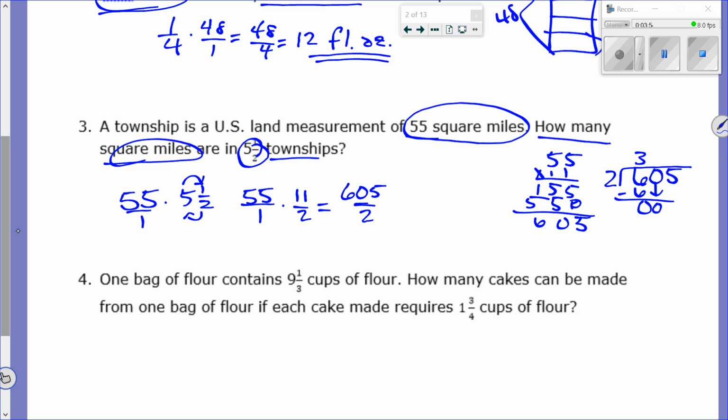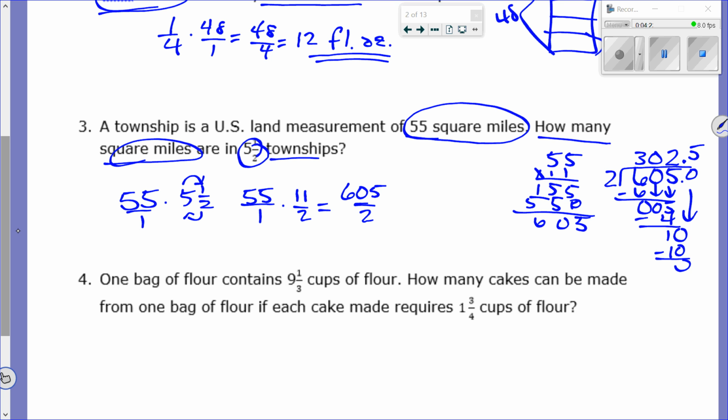Don't forget, when it has a 0, 2 still has to go in there 0 times, right? Before I bring the next number down. Then 2 goes into 5 twice. Still not at 0, so I add my decimal and add another 0. Okay, sometimes easier said than done. Now it's going to go 5 times. I'm finally at 0, so I'm done.